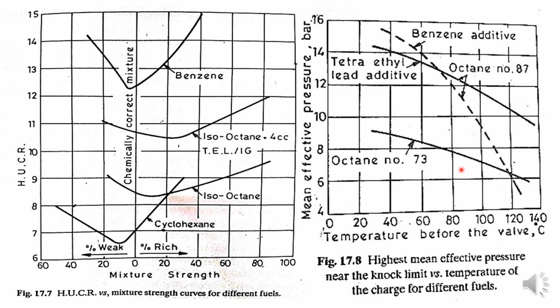Whereas this figure tells us the mean effective pressure. We can see on the y-axis the mean effective pressure for different fuels at different intake temperatures. Depending upon the intake temperature, how much mean effective pressure will be there for different fuels. It can be seen that for volatile fuel with high octane number, see here, octane number is 87, this one is 73.